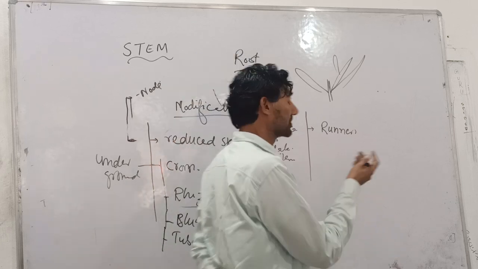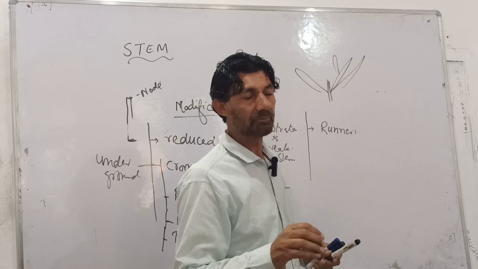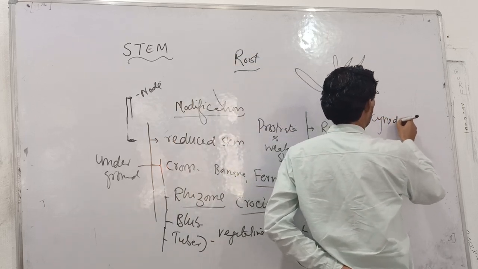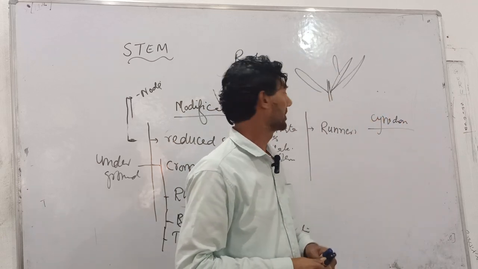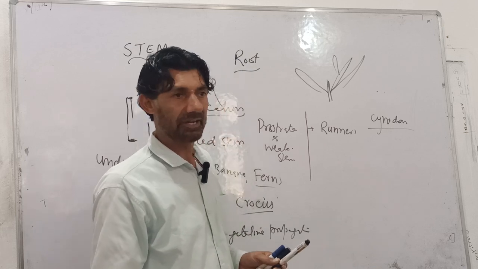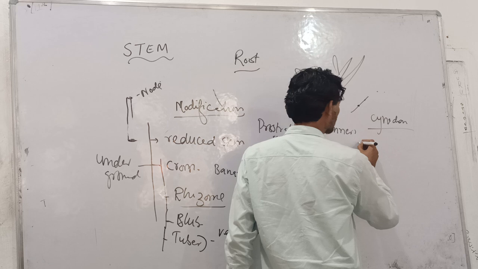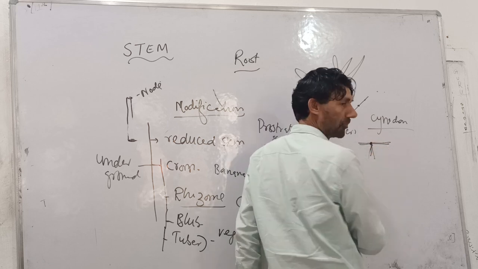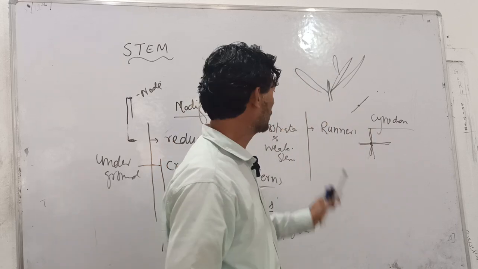Runner branches are seen in case of doob grass, Cynodon dactylon. In runner, the stem has nodes where adventitious roots form and leaves arise. So this is called as runner.